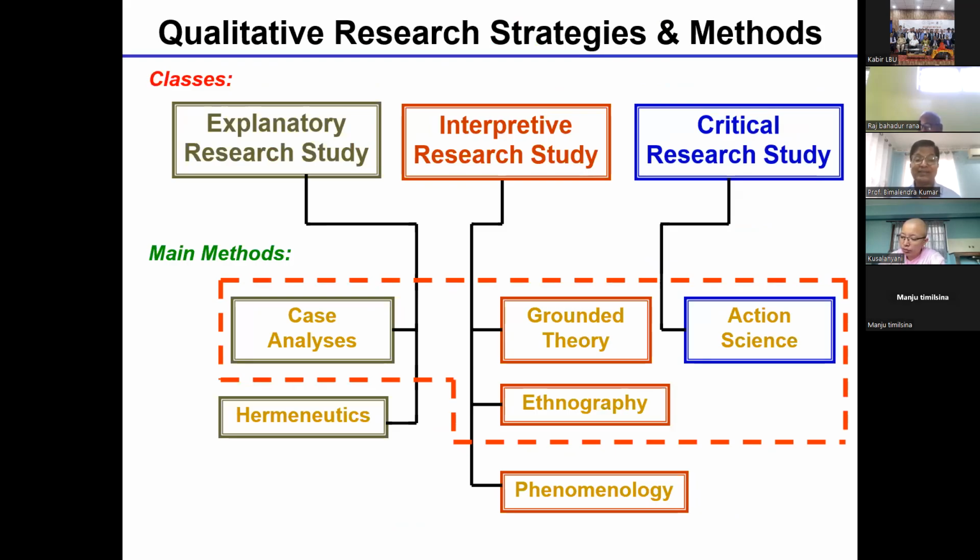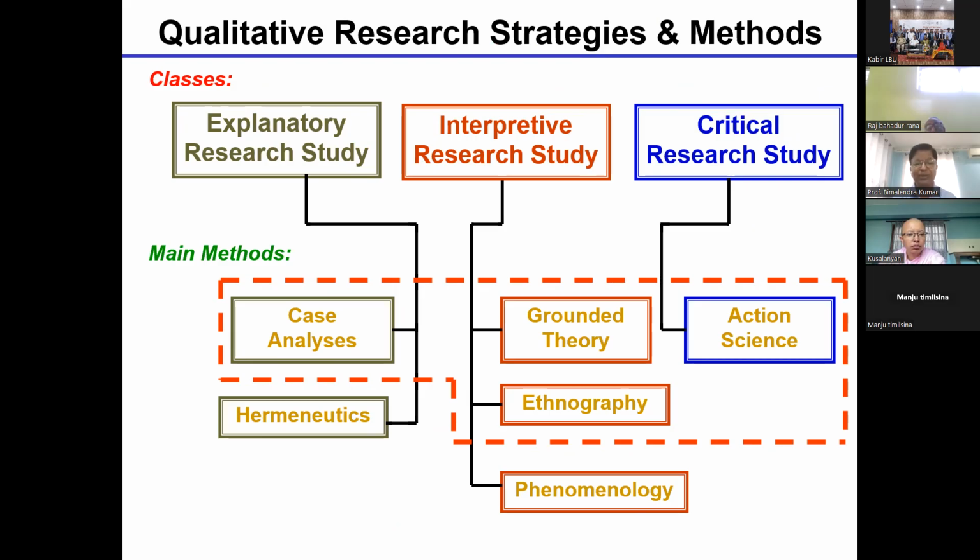So let us see what the strategies of a research scholar are and what the research methods are when qualitative or quantitative research is being done. We have already discussed the explanatory research study, the interactive, interpretive research study, and the critical research study.